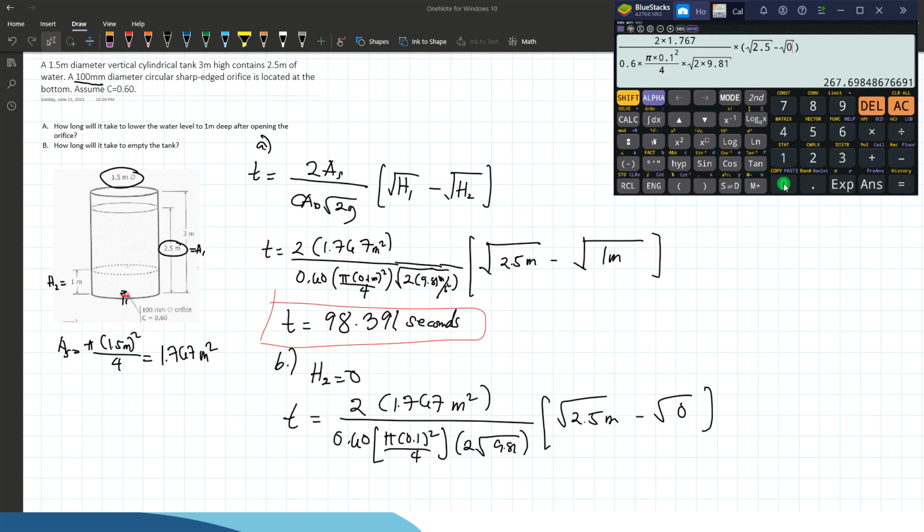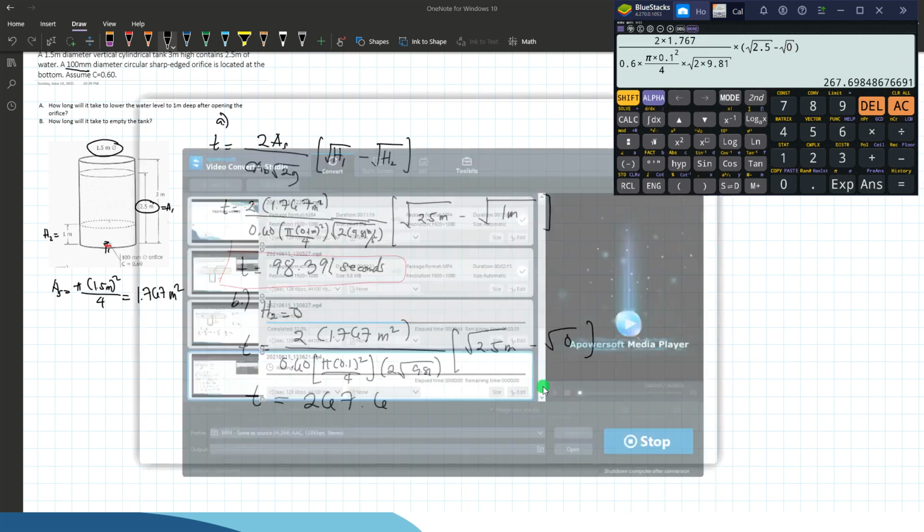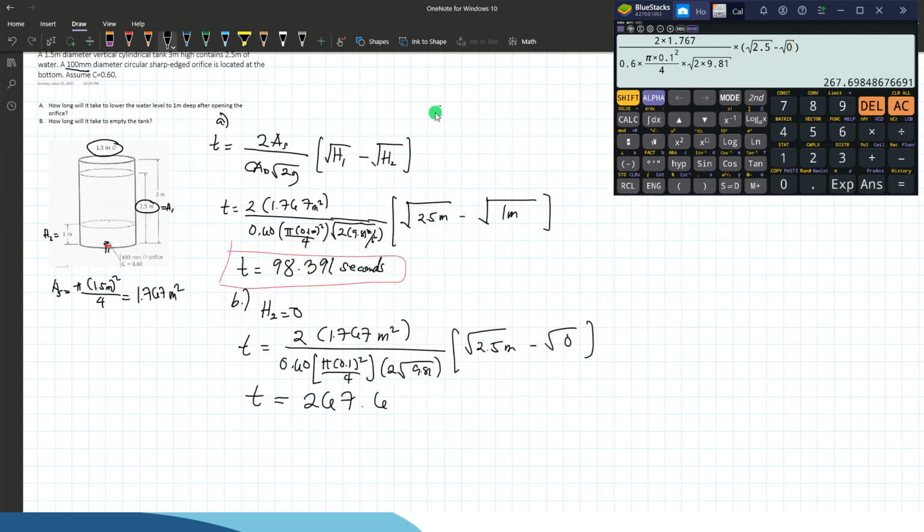So the answer for the time required to empty the tank is 267.698 seconds. Okay. So that's the answer for this problem.